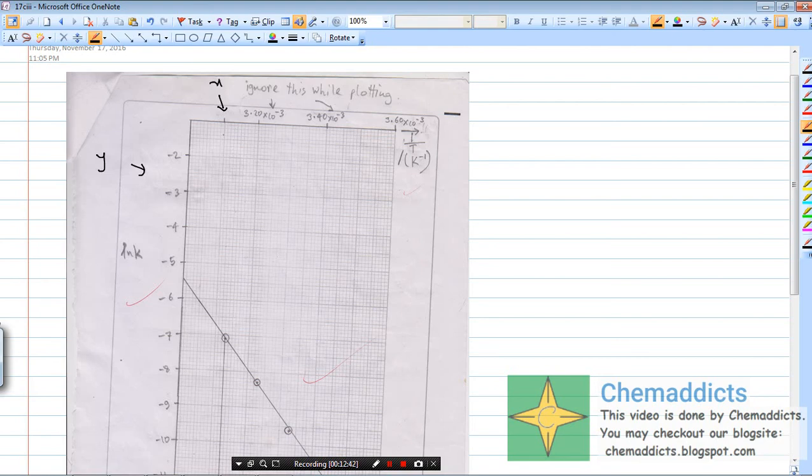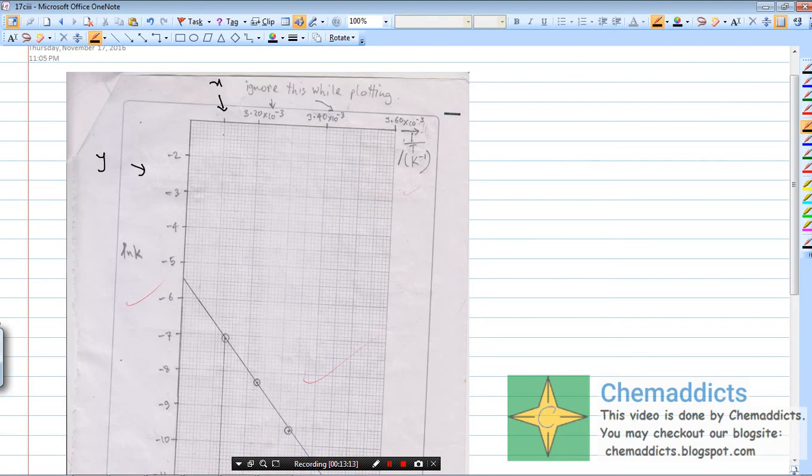We need to mention the name of the axis as well as the unit.